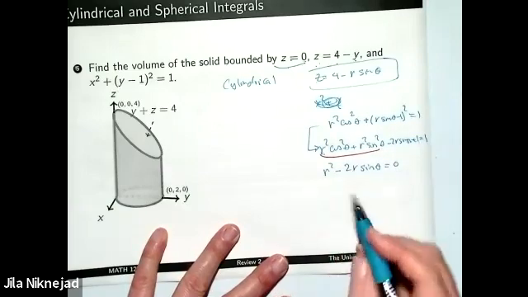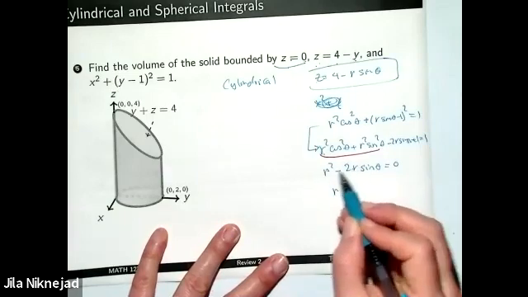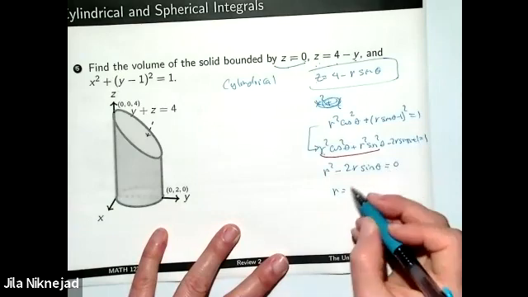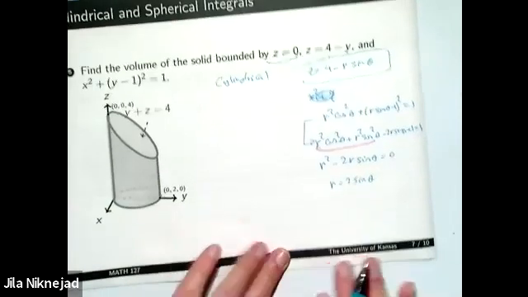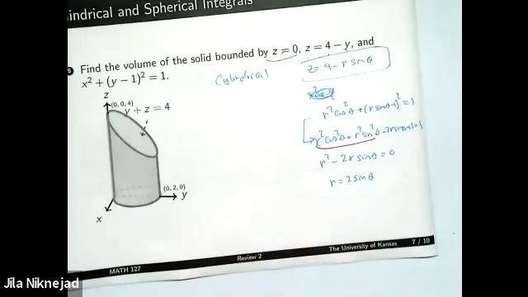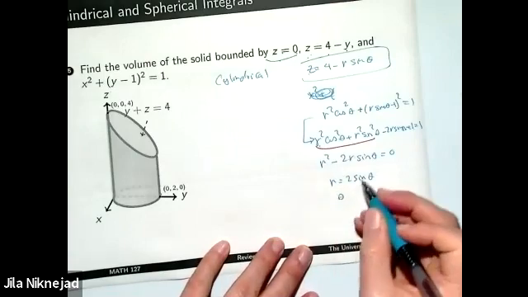So I factor an r out, and I get r is equal to 2 sine theta. So that for r, and this is calling for theta to be the most outer.